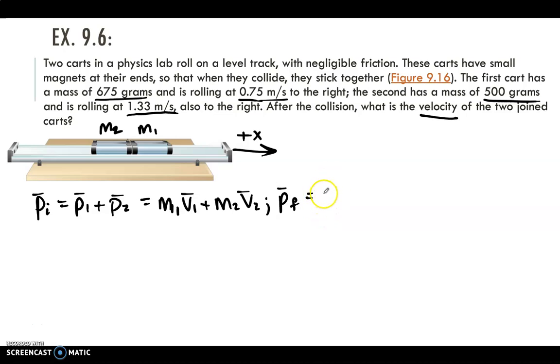They'll be moving together, so we're going to have some total mass, these two together, times our final velocity of the pair. So this will be M1 plus M2 times our final velocity, and we are looking for this final velocity.